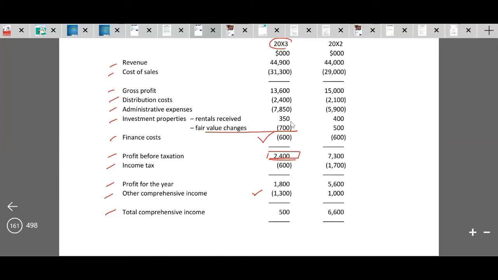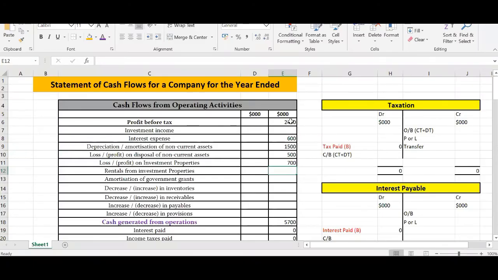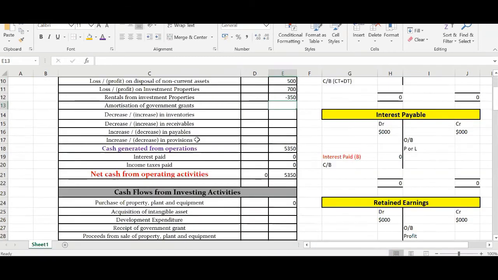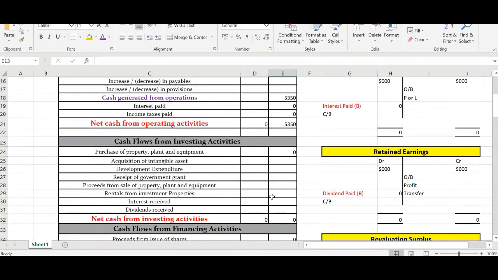But in this question, this is the same as the cash received as well. So we're gonna deduct it from here because they have added it. So we're gonna deduct it from here, and we will add to the investing activity. So in the investing activities, we have the rentals from the investment properties, which we will add 350 over here.